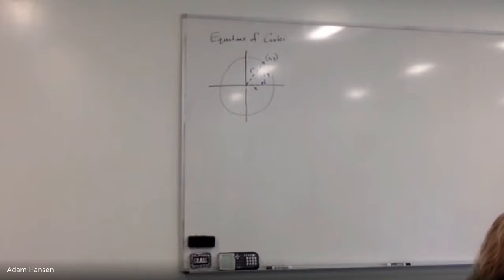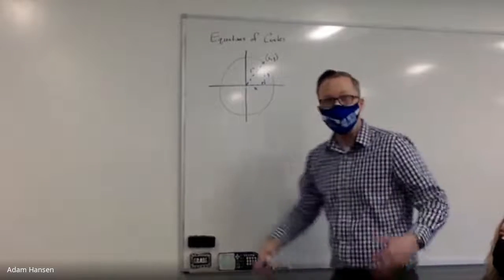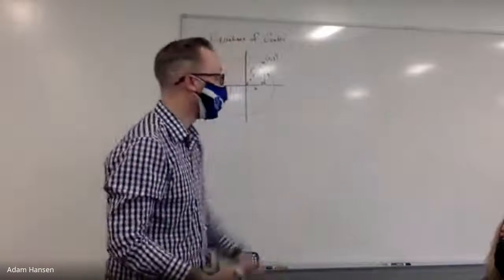So which equation gives me the side legs in a right triangle? Since I have side legs of the radius r, x, and y, which formula represents the side legs in a right triangle? Otherwise known as what? Pythagorean's formula.